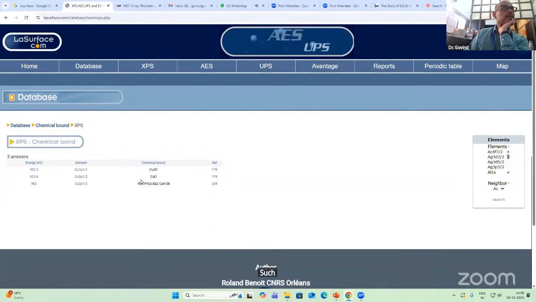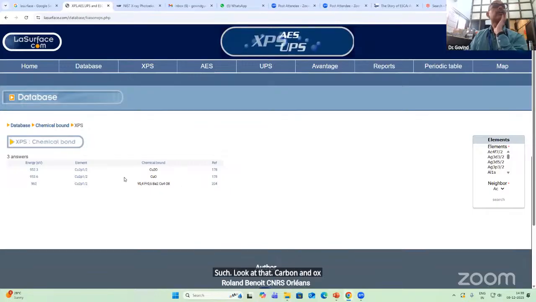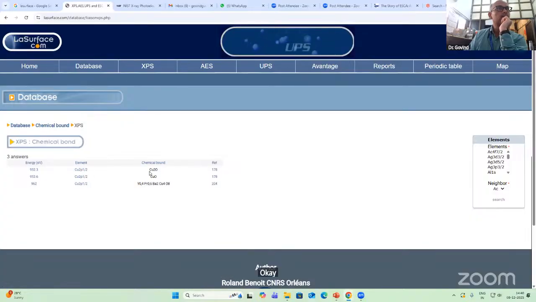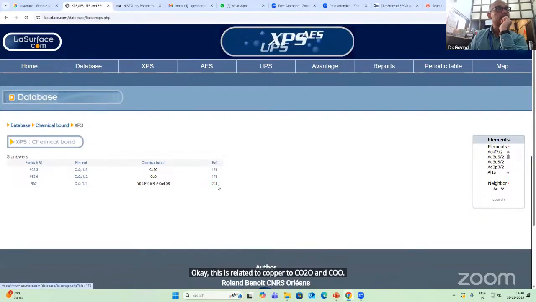Look at it. Carbon and oxygen have only three kinds of binding energy. This is copper 2p 1/2, related to Cu2O and CuO, and there is a reference also.